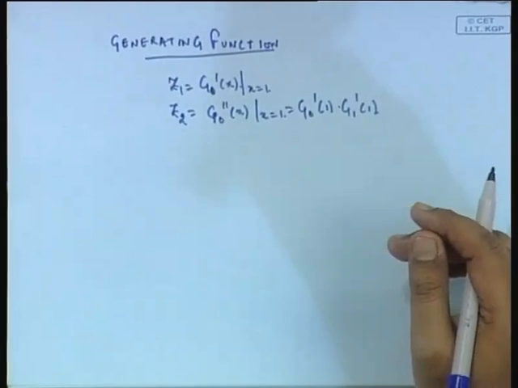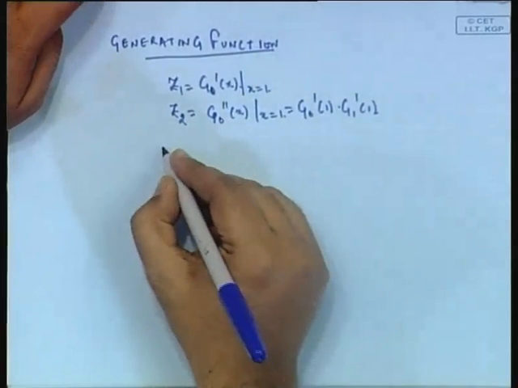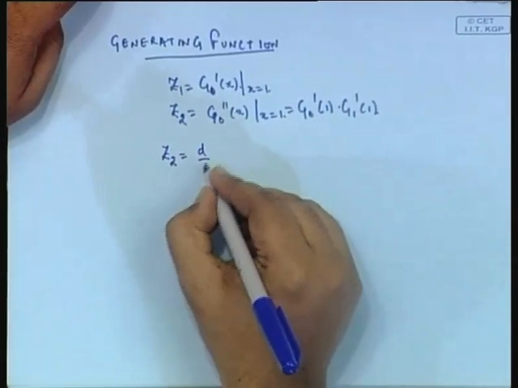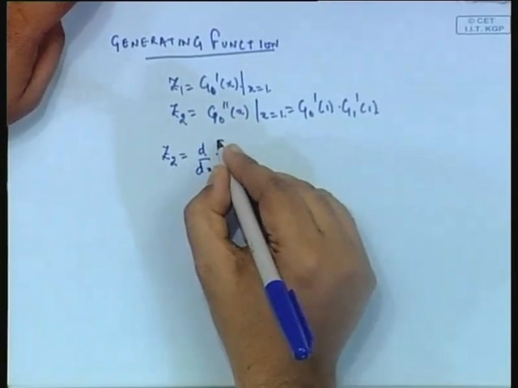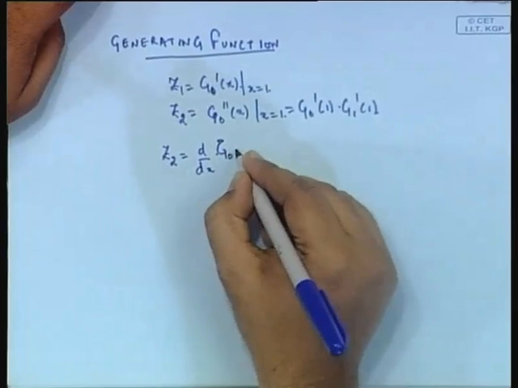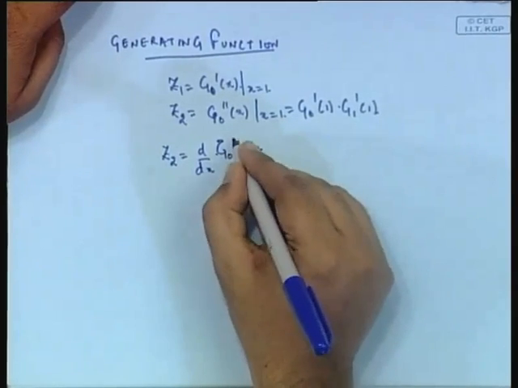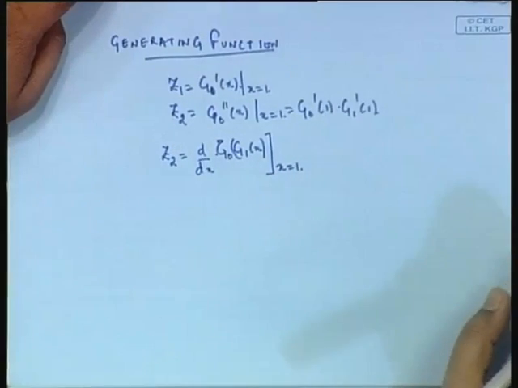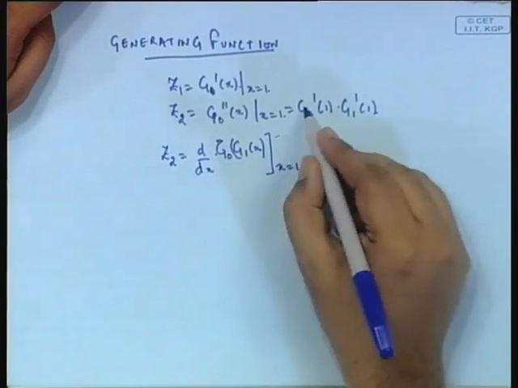So, let me do z2 again a little. It was d dx of g0 g1 x at x is equal to 1. From there everything came.